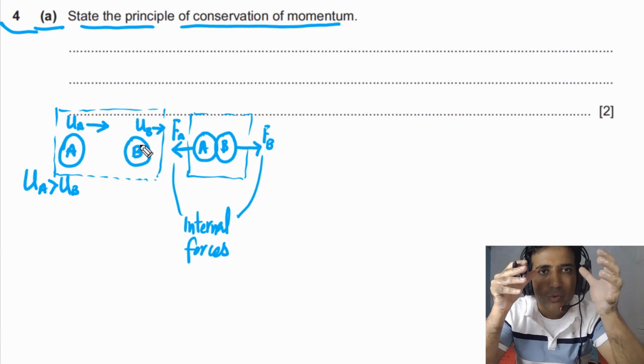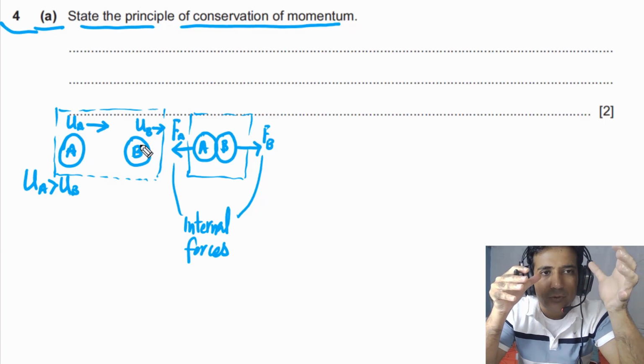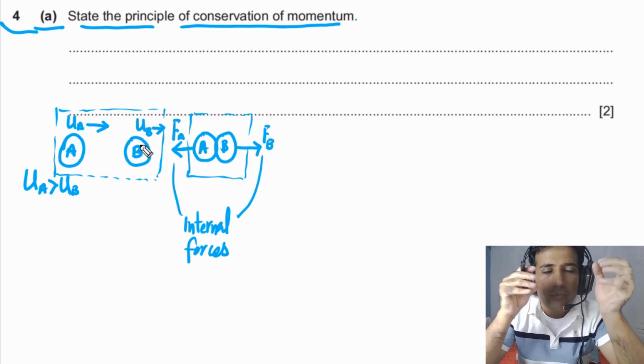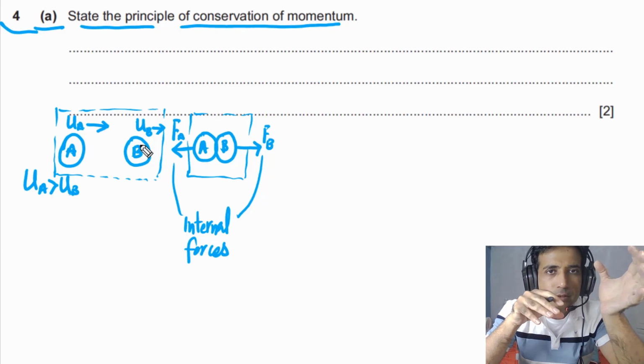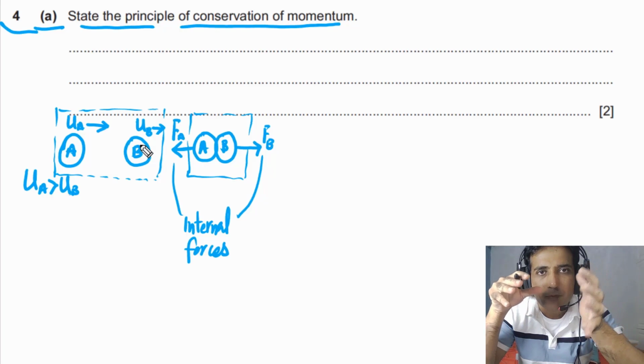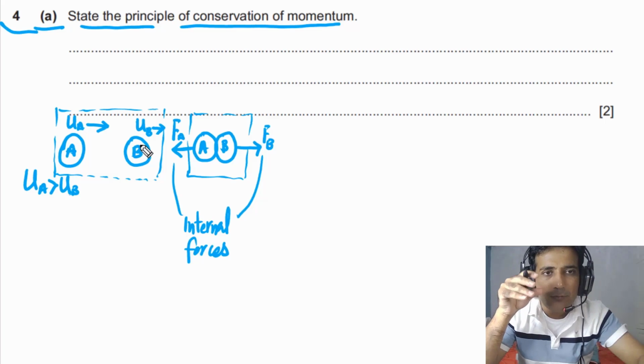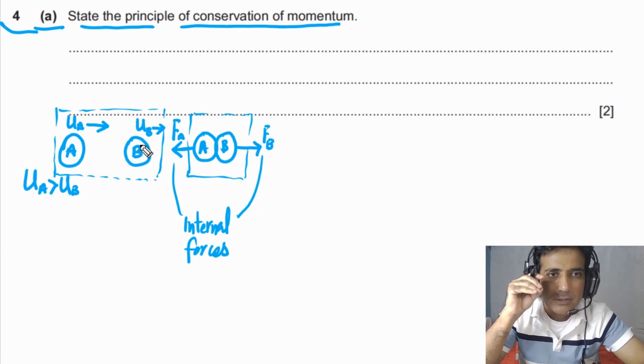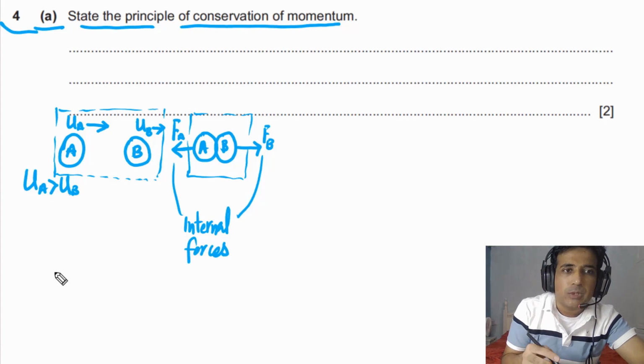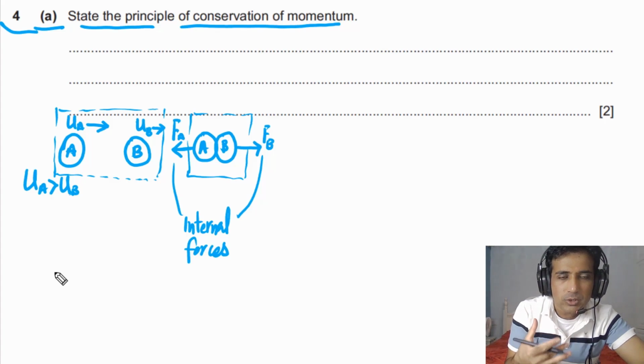If there is no net external force acting on our system, the momentum of the system before collision is always equal to the momentum of the system after collision. No net external force means that there is no friction, there is no air resistance, or there is no force by any other external agent. Then the momentum of the system always remains constant.